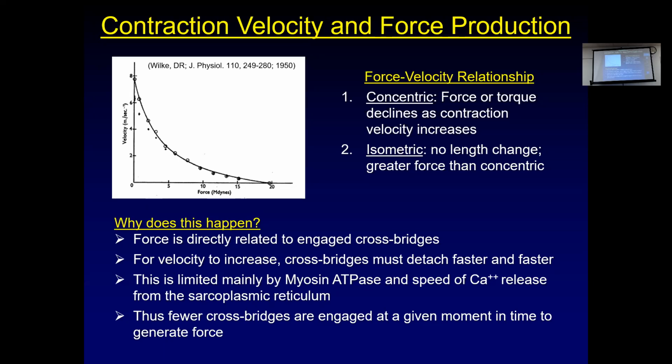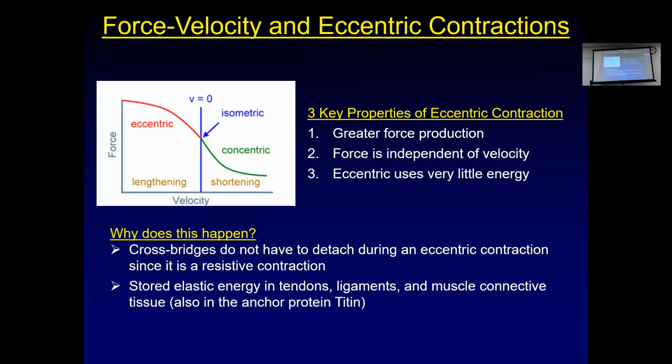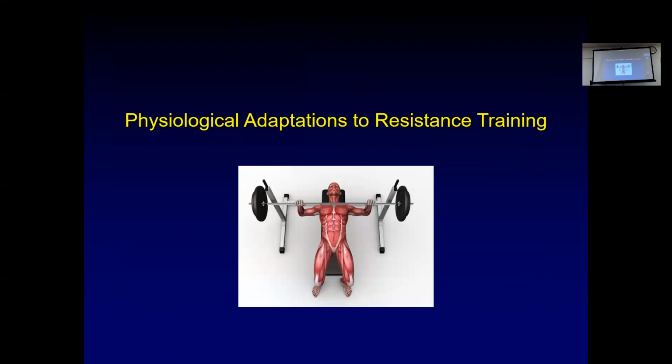Force is independent of contraction velocity. So while the more weight I pick up, the slower it goes, I can lower it back down at about the same rate, no matter how heavy the weight is. Okay. Questions about it? That's velocity. If I want to go faster, I'm going to generate less force.